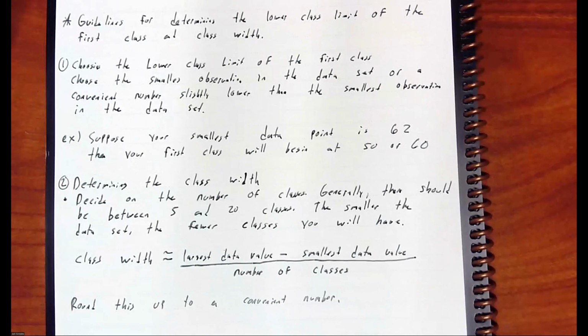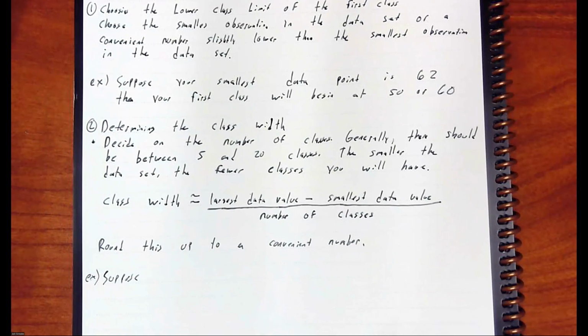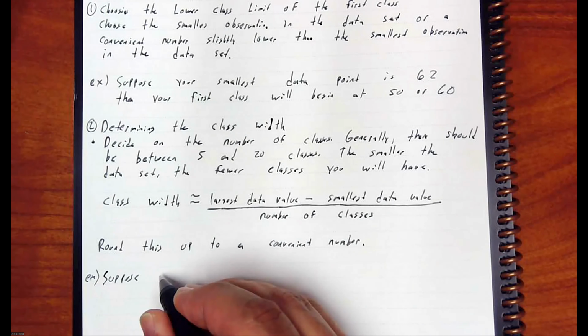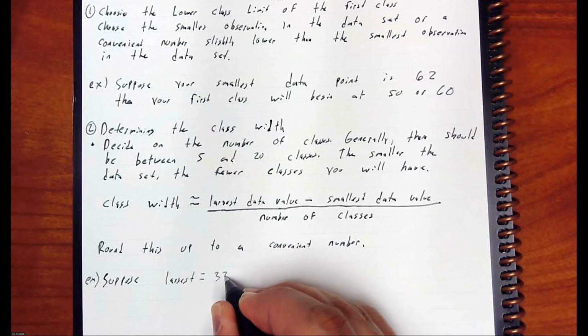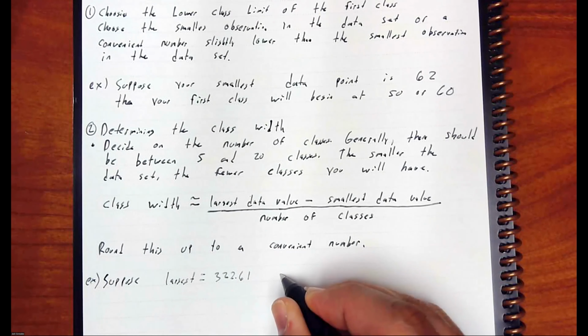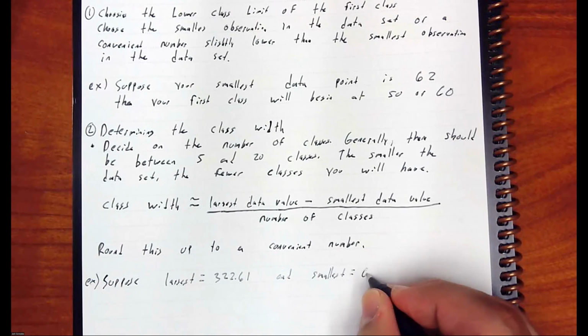So let's suppose the largest is equal to 322.61 and smallest equal to 65.